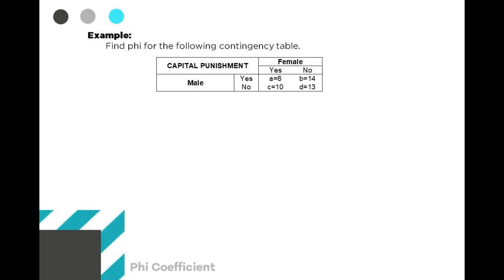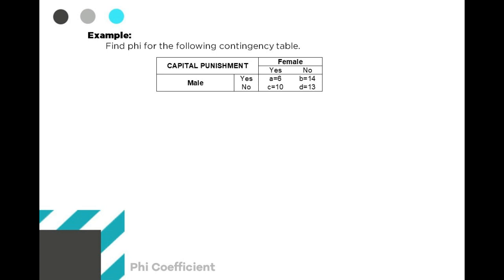Our A is the yes, which is 6. Then female no, male yes are B, which is 14, then C is 10, and then D is 13.